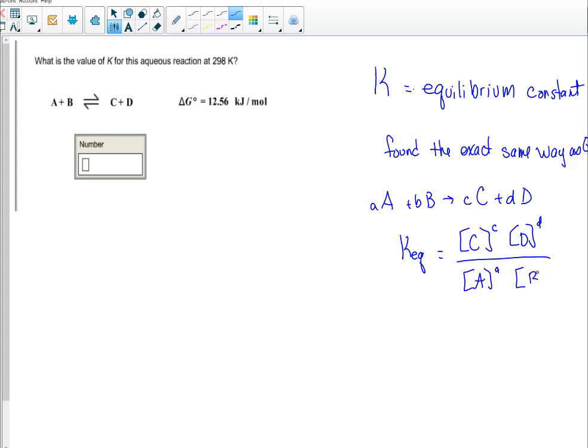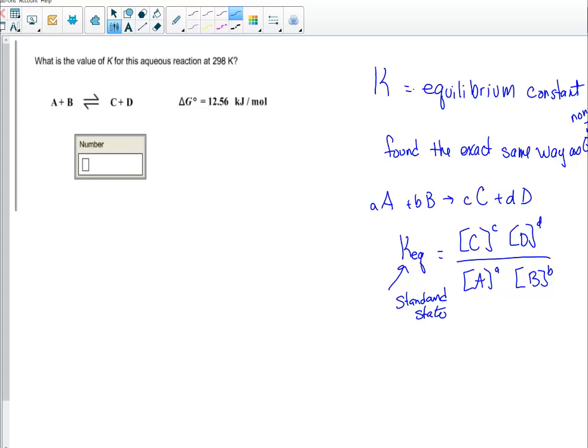This is exactly the same. It's just that now we're at standard state, whereas Q would be non-standard states. That's the only difference, that we have those two different letters.